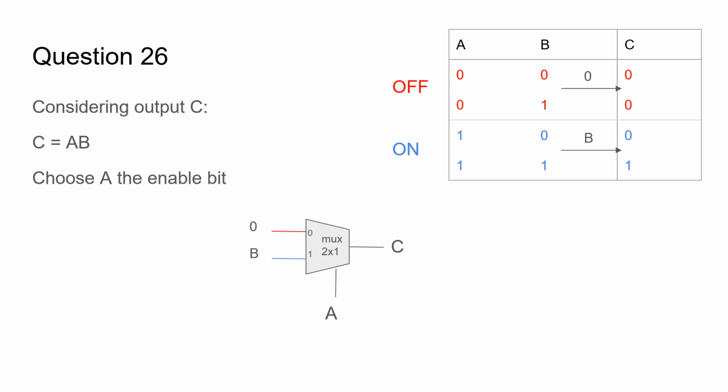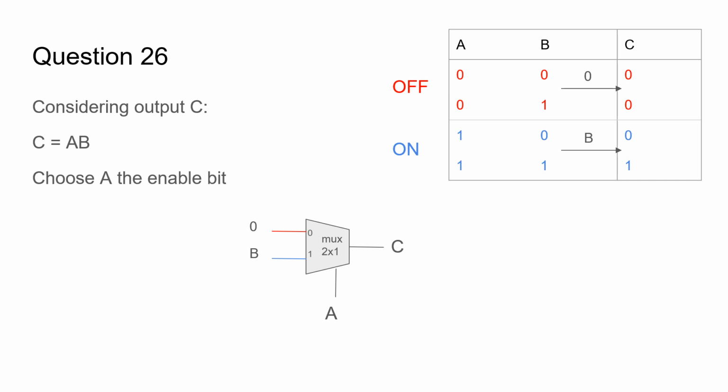Now let's consider the output C. As we mentioned, C is A and B. If we choose A as the enable bit, then we must choose B, so B must be placed at place 1.